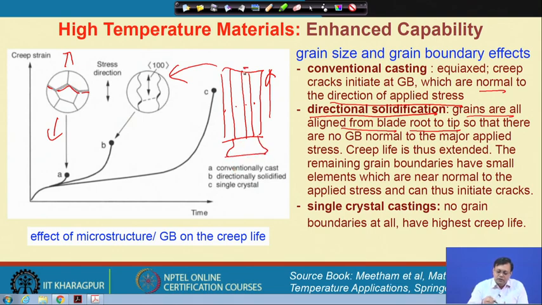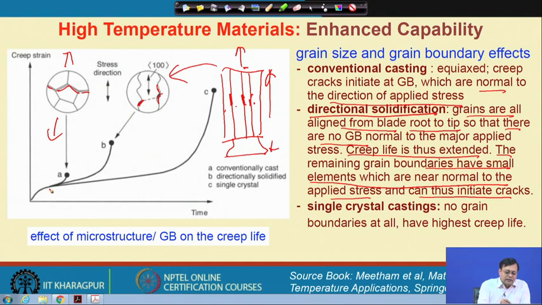This is from the root to the tip, and in that case there are no grain boundaries that are normal to the applied stress. So, let us say the stress is applied along this way, and the creep life can be extended, because if a crack has to appear, it has to appear here. Okay. The crack has to appear here. So, only in such a case the crack will appear, and the remaining grain boundaries have a very small element which are near normal to the applied stress to initiate the crack.